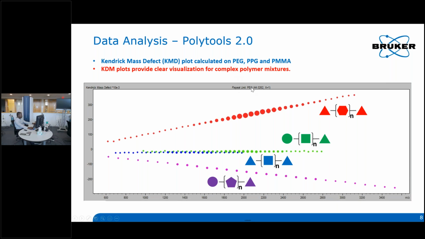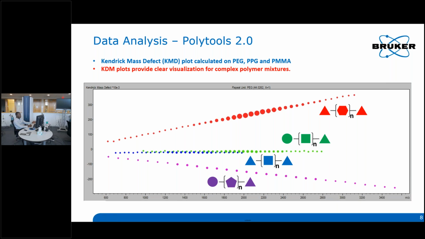In this case, the repeat unit mass that was selected was PEG, so this would correspond to a PEG series. 2 separate PEG series with different end groups. And if you have a different polymer series with a different repeat unit, it'll have a different stiffness to it. In this case, PPG and PMMA, which would have different repeat unit masses.